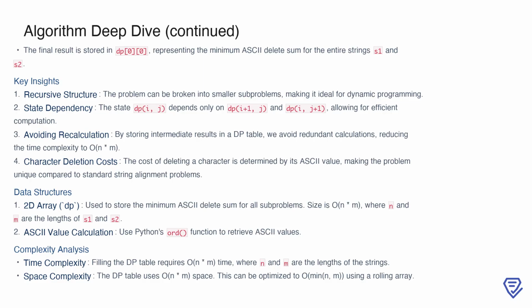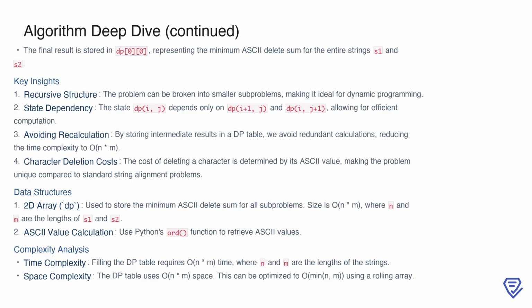There are several key insights that make this approach effective. First, the recursive structure of the problem allows it to be broken down into smaller, manageable subproblems, which is why dynamic programming is a natural fit. Second, the dependencies in the DP state are limited to dp[i+1][j] and dp[i][j+1], which simplifies computation.